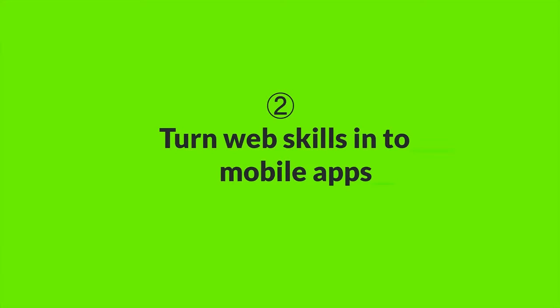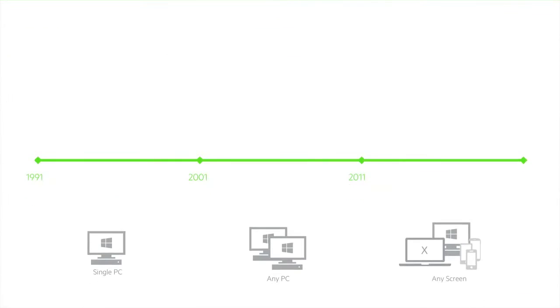The other thing we want to do from the outset with the Telerik platform is help turn web skills into mobile apps. And if you look across the last 30 years of software development, you can really find three distinct eras. In the 90s, it was the distinct era of the desktop or even the database line of business app, really built for single PC deployments. And then over the last decade of the 2000s, we had the era of the web line of business app. And here we want to target any PC and leverage the power of the web to help us reach that.